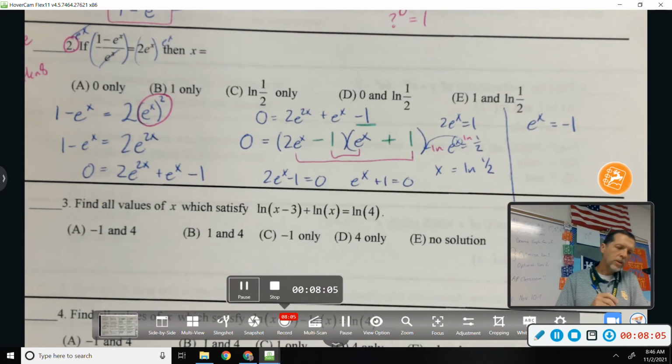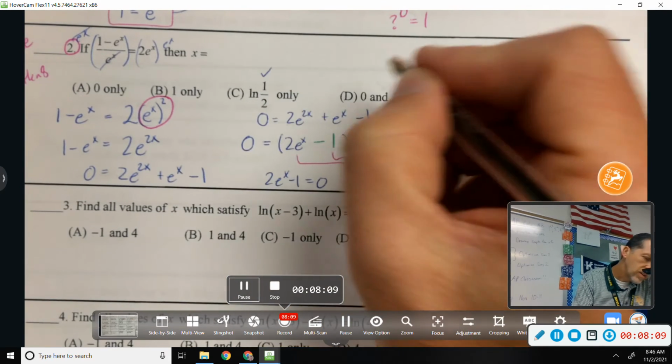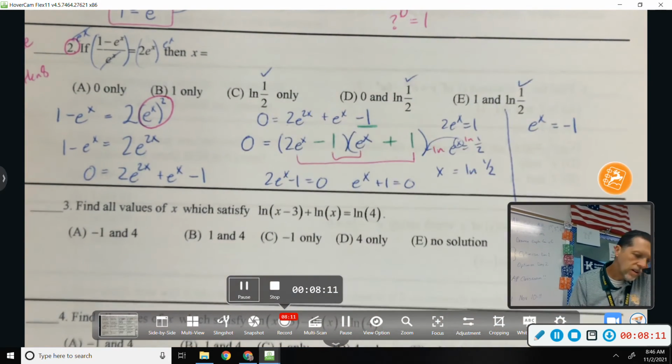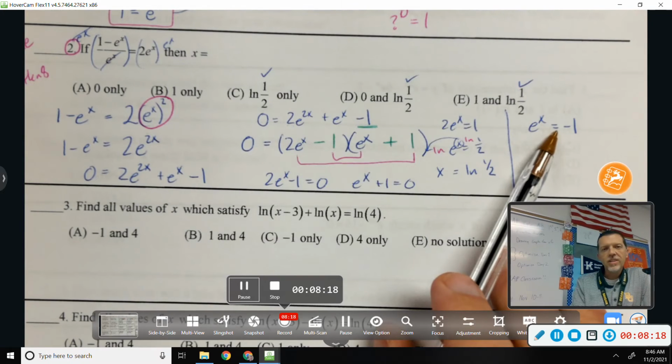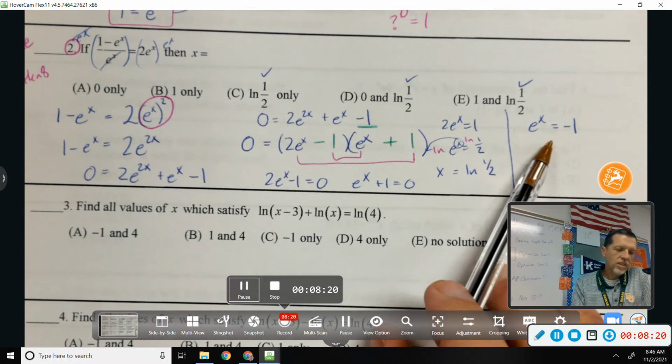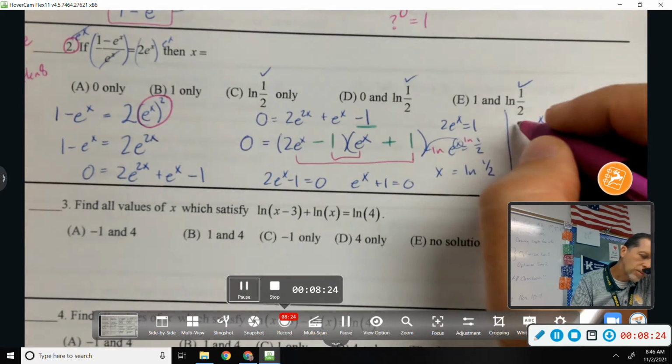So there's one of my answers. What do I need to do next for this equation? Pull the x forward and natural log both sides.